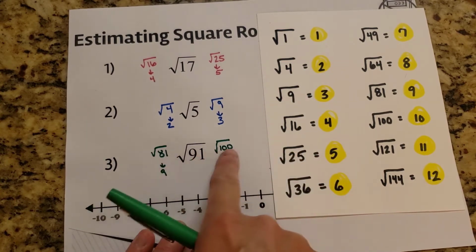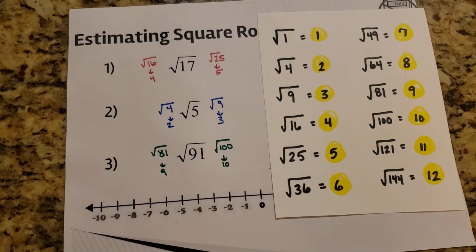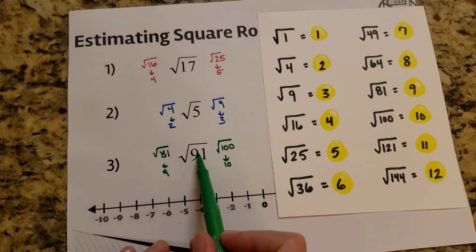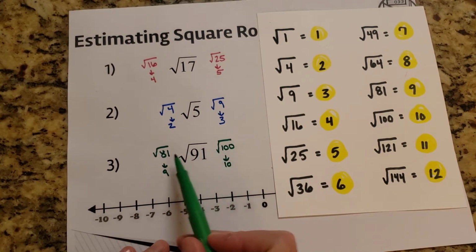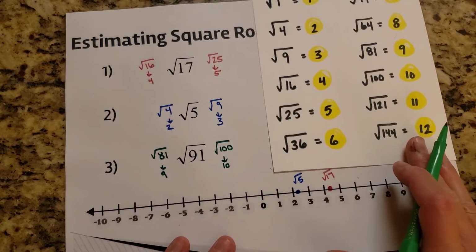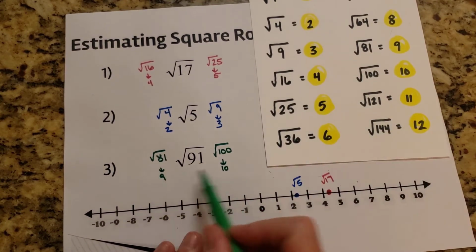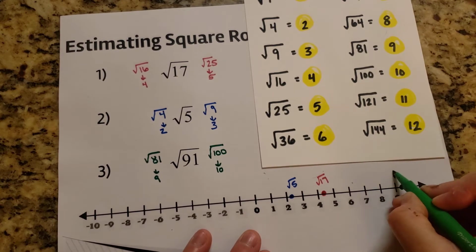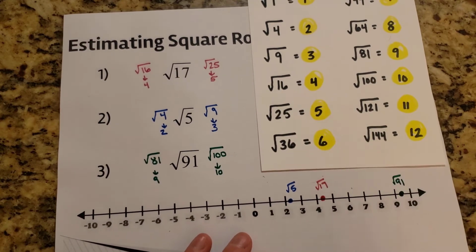So it's going to come right in between there. It looks like 81 to 91 to 100 is pretty close to the middle, isn't it? So right in between 9 and 10. We're going to make a point here and label that square root of 91.